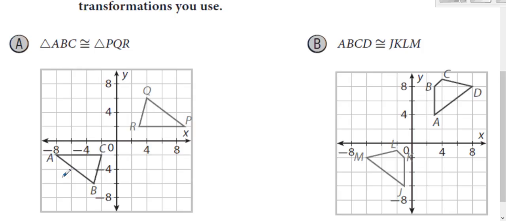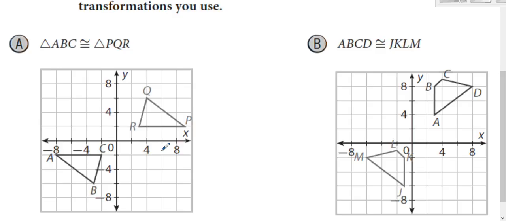So triangle ABC, to get it to map over here to PQR, there's, I think, a couple ways you could do it. You could get it as a rotation, 180 degrees, or you could reflect over the x and the y axis.